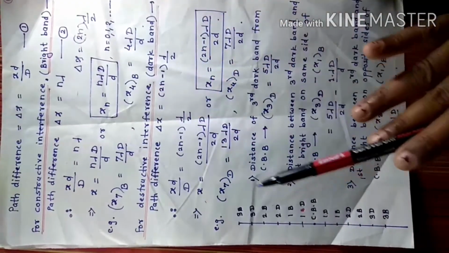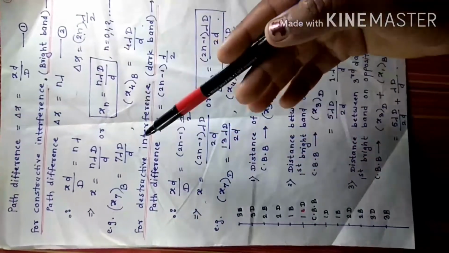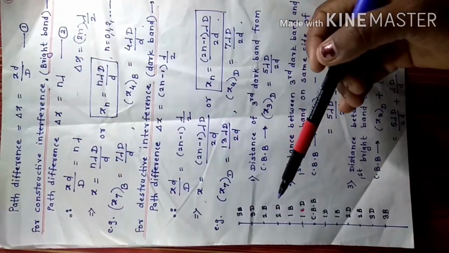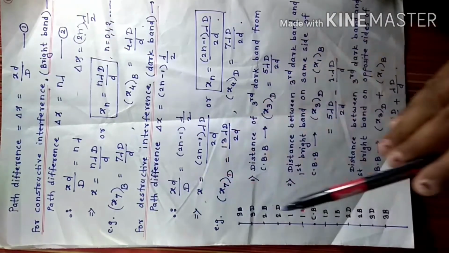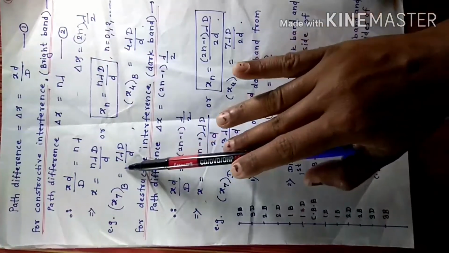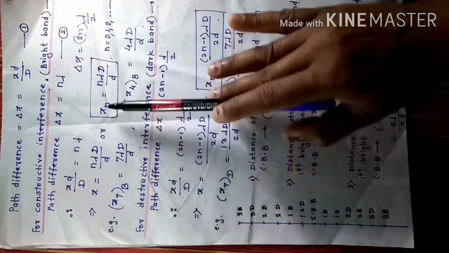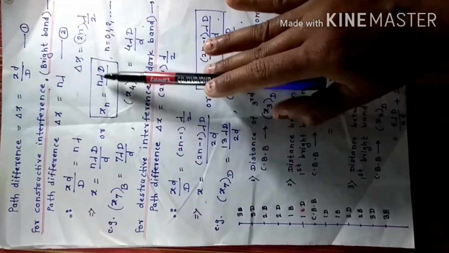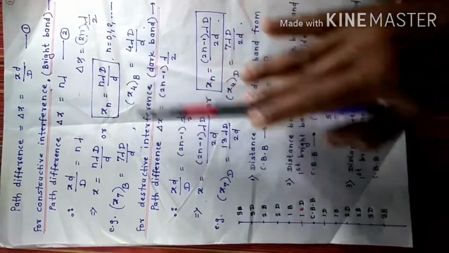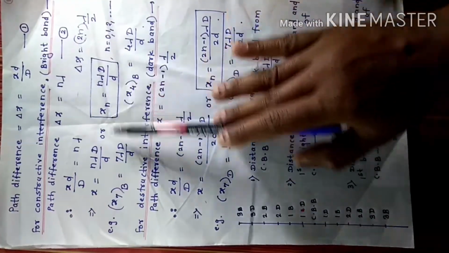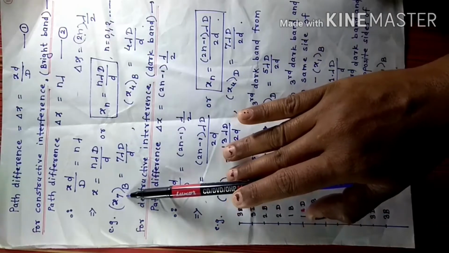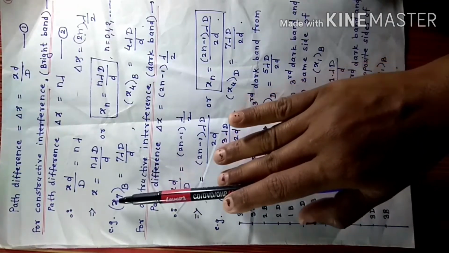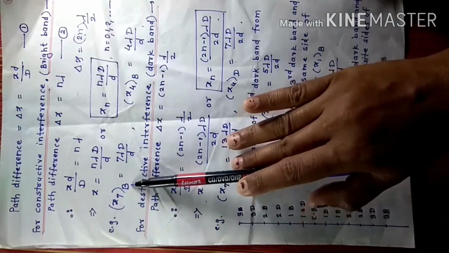For example, suppose someone asks you to find the distance of the 7th bright band from the central bright band. Then we use the equation xn equals n lambda capital D upon small d, where n equals 7, because we are finding the distance of the 7th bright band.